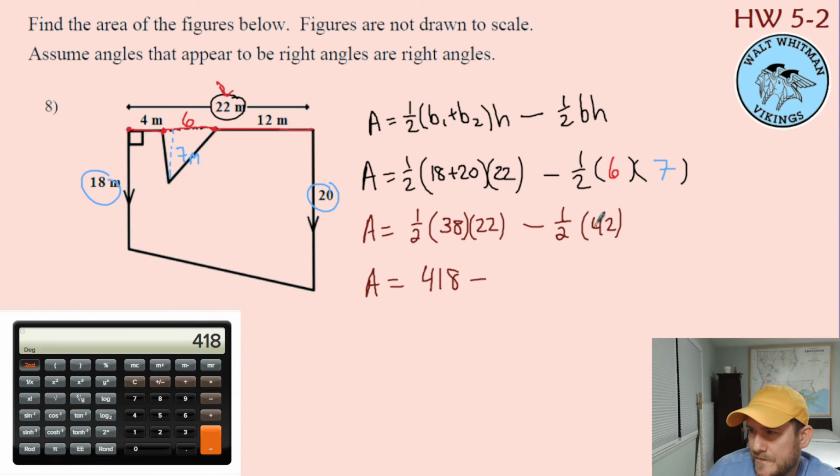Then we want to take away from that 21. So that looks like it's going to bring us down to 397. It doesn't hurt to double check, so I'll double check. We're doing 418 minus 21. Yeah, 397. Square meters.